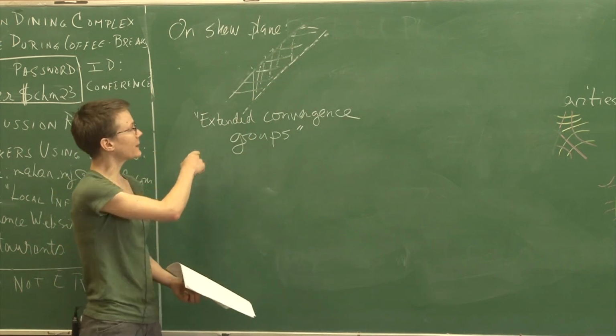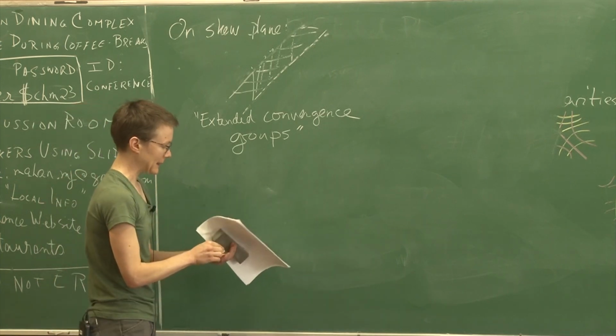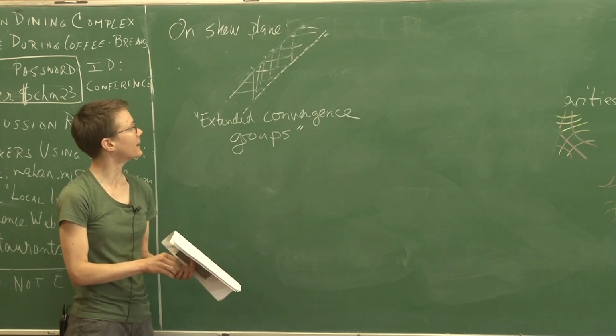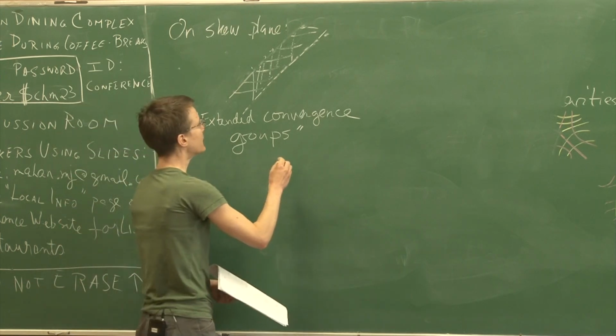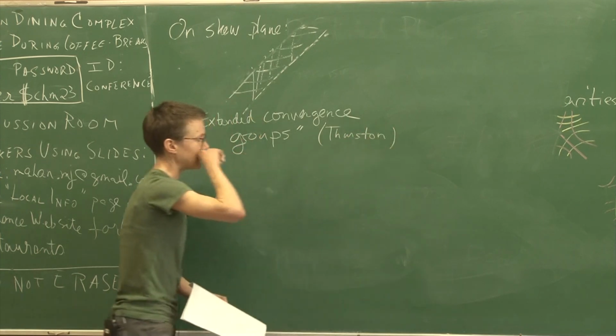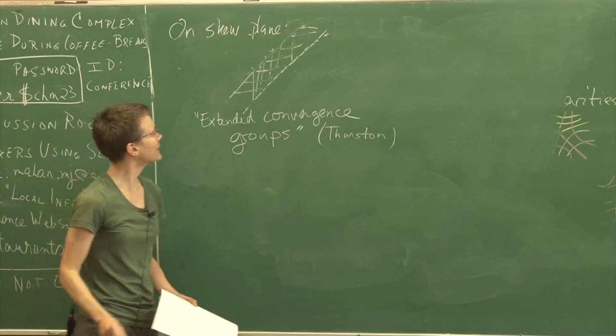And an extended convergence group is one that acts properly discontinuously on a different kind of space of triples. I should write down that this is Thurston, in an article called Three-Manifolds, Foliations, and Circles.